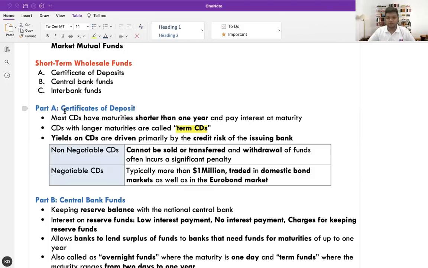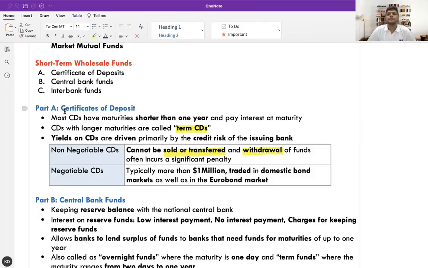Now, there are two types of CDs which the banks issue. One is called a negotiable CD and another is a non-negotiable CD. Non-negotiable means you cannot sell or transfer it to someone, or withdraw it, before the stipulated time. If you want to, there is a penalty.